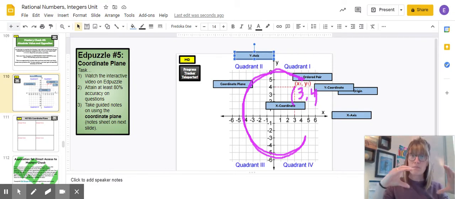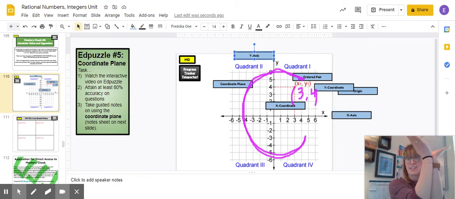X coordinate comes first, y coordinate comes second. X coordinate, y coordinate. X-axis, y-axis, coordinate plane. Then we have quadrant 1, quadrant 2, quadrant 3, quadrant 4. If you want to know the order, you just see.